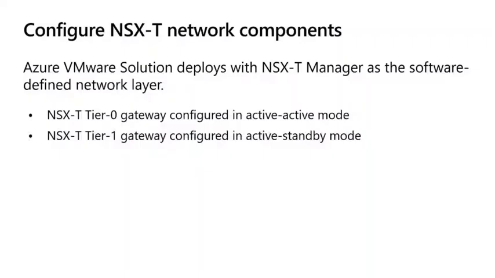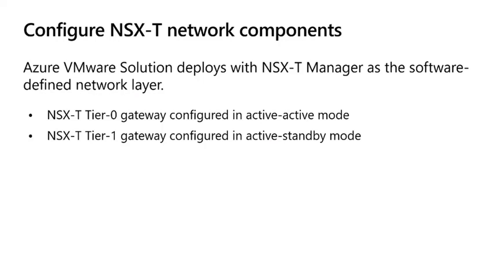As we showed you in the first section of this session, to configure your NSX-T networking or your segments, you can do it in multiple ways. You can do it in the portal, in your vSphere tooling, or you can use Azure CLI or PowerShell.